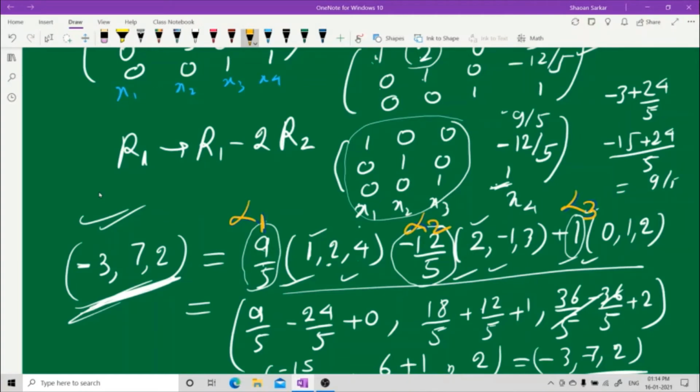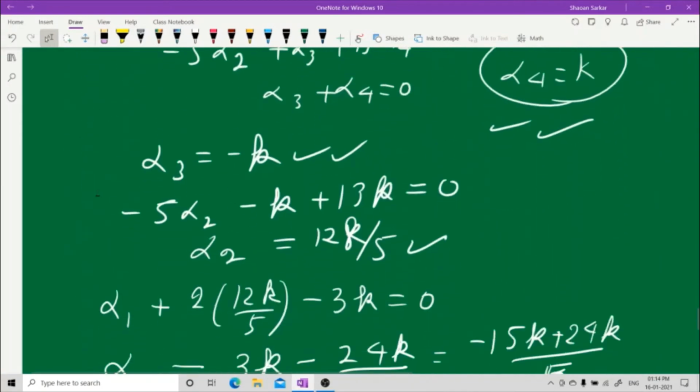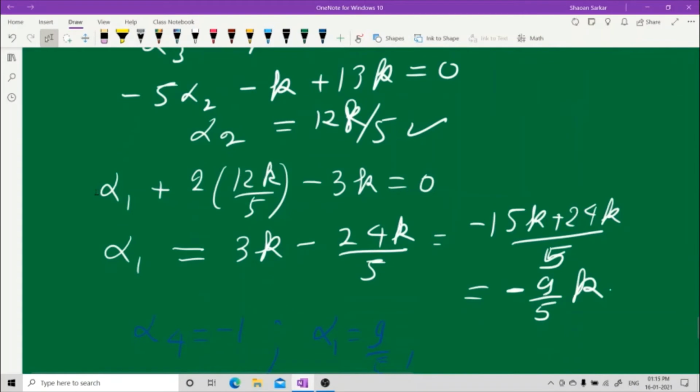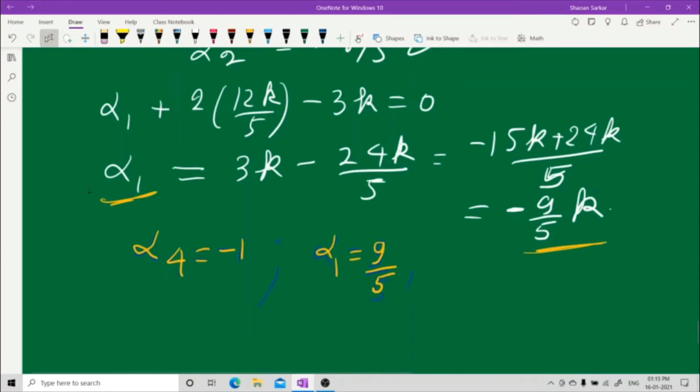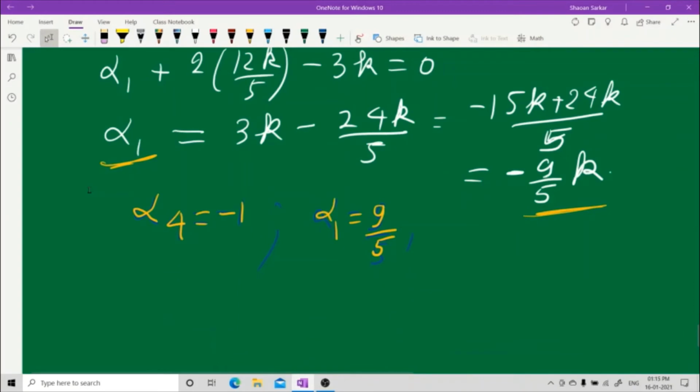Now you see, I had written alpha 1, alpha 2, and alpha 3 in this way. I found them out, and I'm trying to find them in this manner now. Now this alpha 1 is coming out to be this. So alpha 4 must be minus 1, otherwise alpha 1 cannot be plus 9 by 5. Wait a minute, let me rub it and write it clearly.